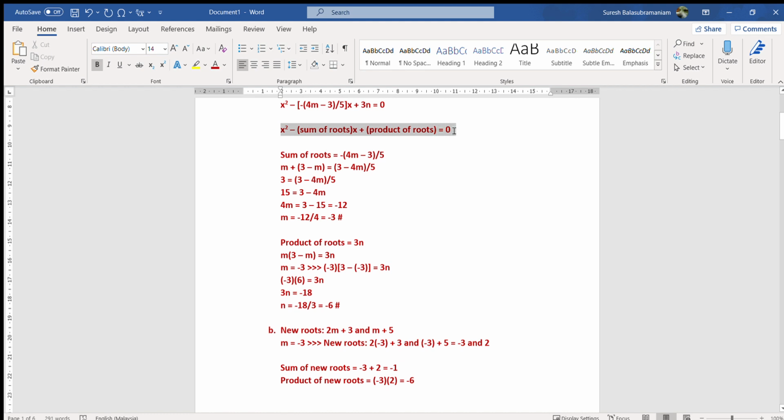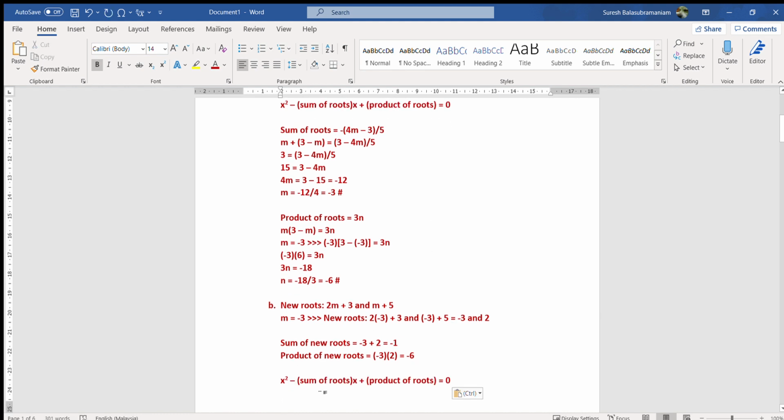Now with those values I can replace them in the formula: x squared minus sum of roots times x plus product of roots equals 0.